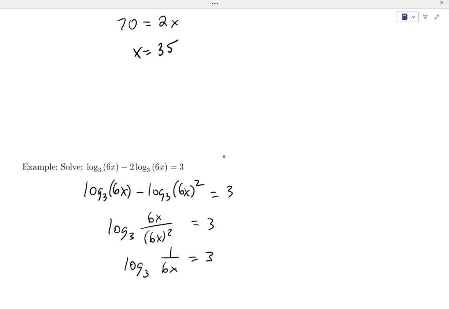Now does this look like, again, ones that we've already done? How can I rewrite that equation? Good. So 3 cubed is 27.